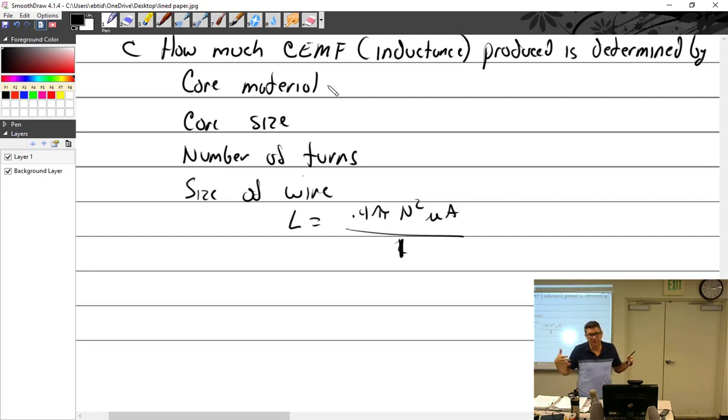If the lines of flux can get into the core easily, we're going to get more inductance. All right, more permeability. If we have a thicker core, bigger core, we get more inductance. If we have a shorter core, you're going to get less. Okay.